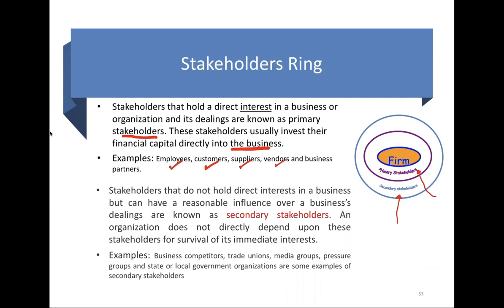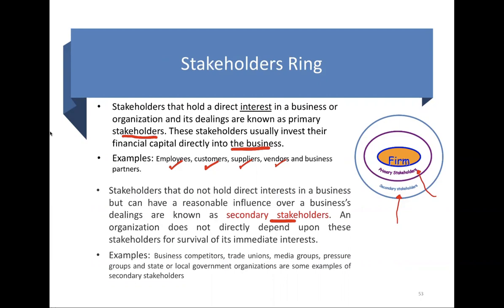On the other hand, stakeholders that do not hold a direct interest in a business, but at the same time could have a reasonable influence over business dealings, are known as secondary stakeholders. At this point, an organization doesn't directly depend upon these stakeholders for survival or their immediate interest. That's why we call them secondary stakeholders.